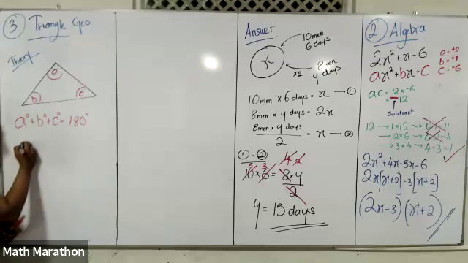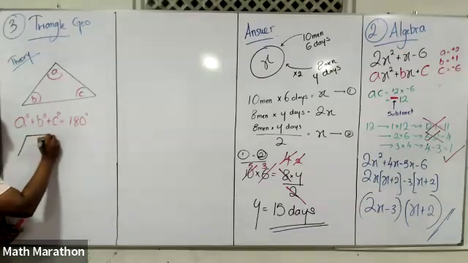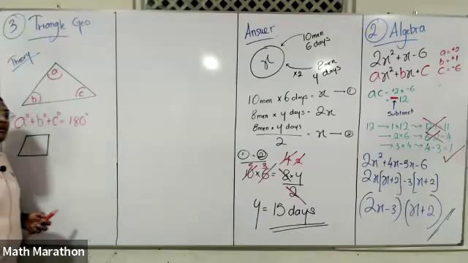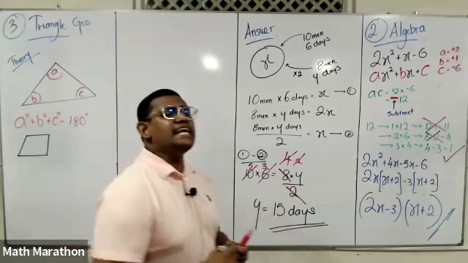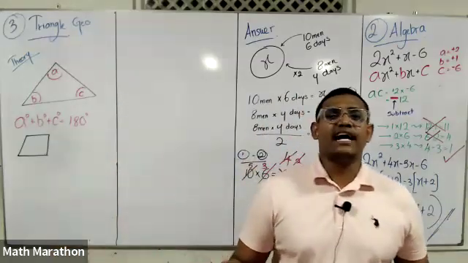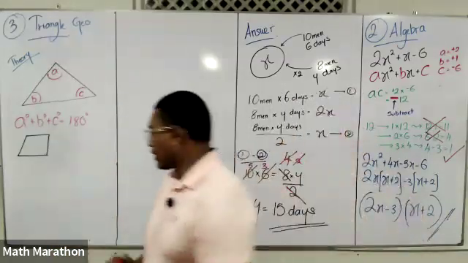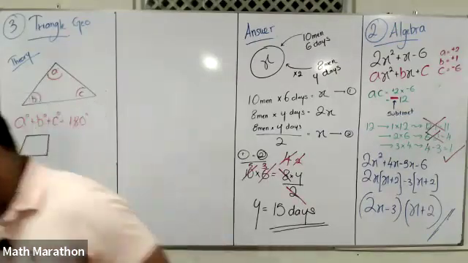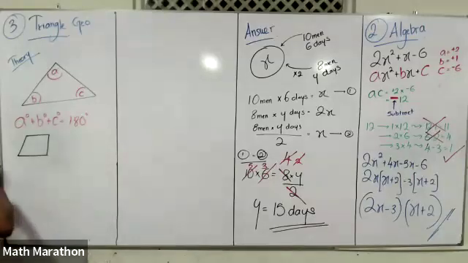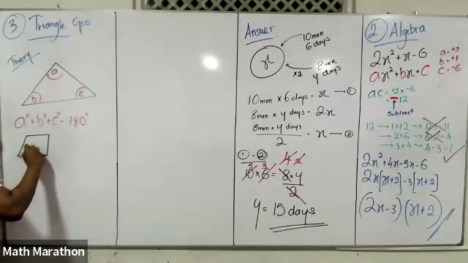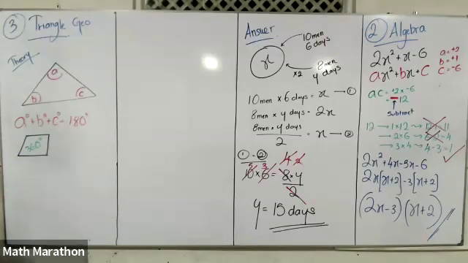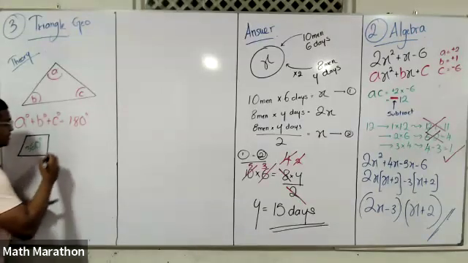Here, when you have a quadrilateral, meaning any shape with 4 sides, the total internal angle of a quadrilateral is 360 degrees. These are additional for you to keep in mind. 360 degrees.